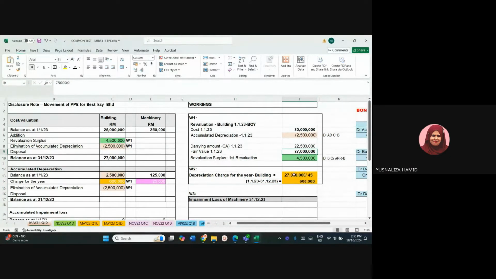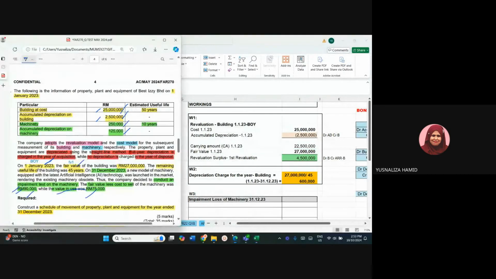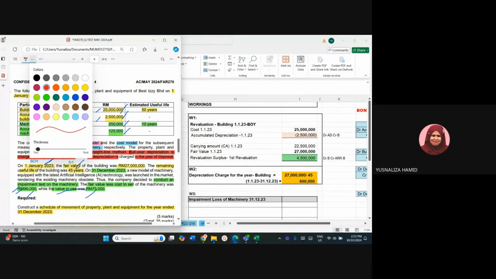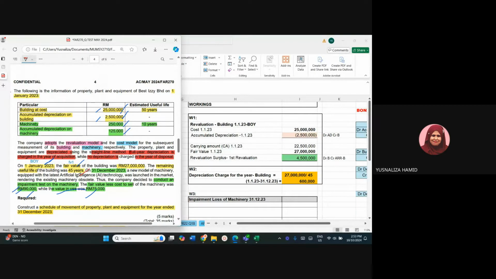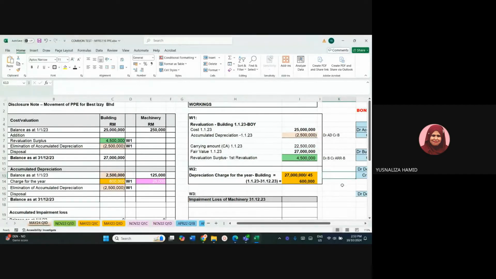So you will take 27 million and divide by the remaining useful life. In the question, you are informed the remaining useful life here is 45 years, the one that I have put a red tick there. So you divide by 45 years, you will get 600,000. So this is the depreciation charge for that year.